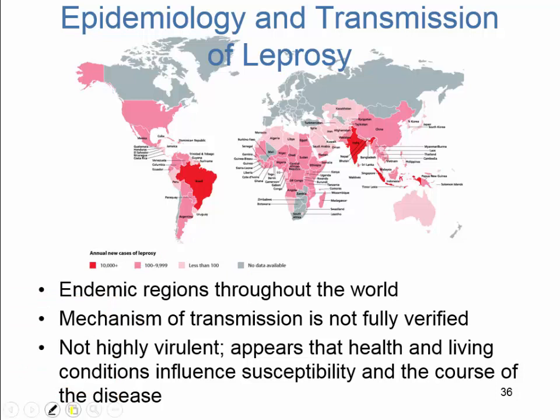And so you can see that the pink is 1,000 to 100 within the United States, but there are places where leprosy is really quite high. Brazil and India are notorious for high populations, and even though it's not very virulent, individuals are coming in contact with the source of infection.